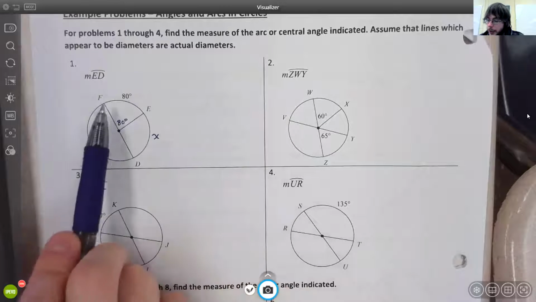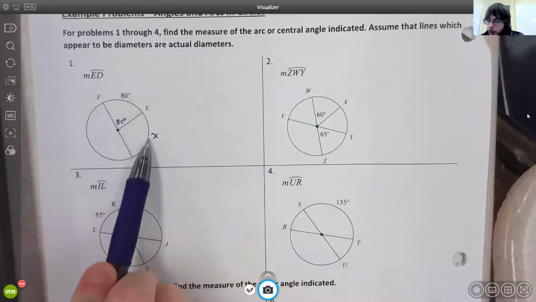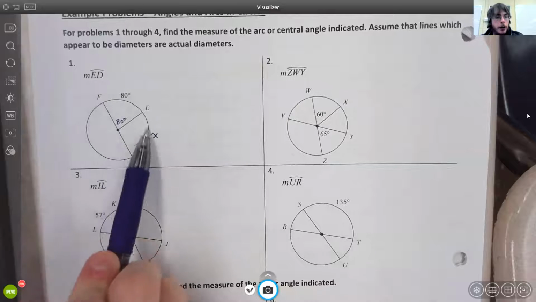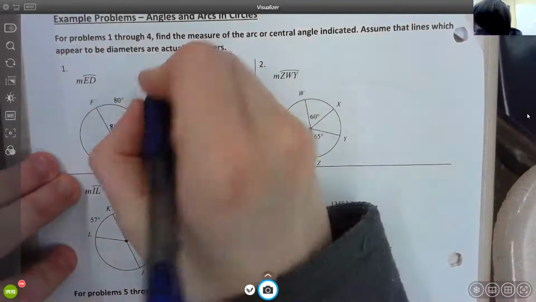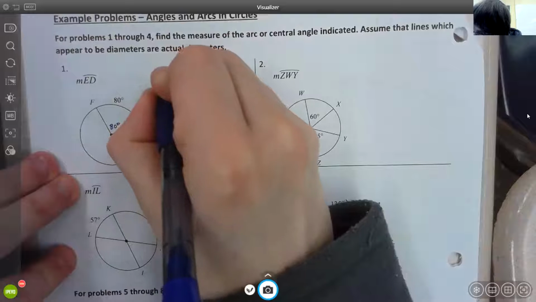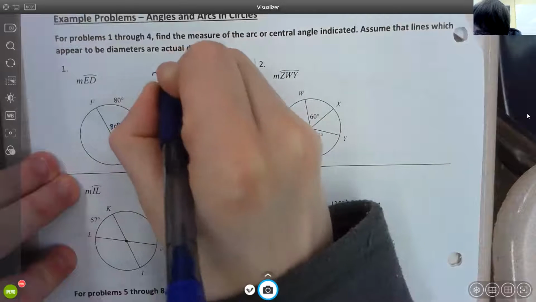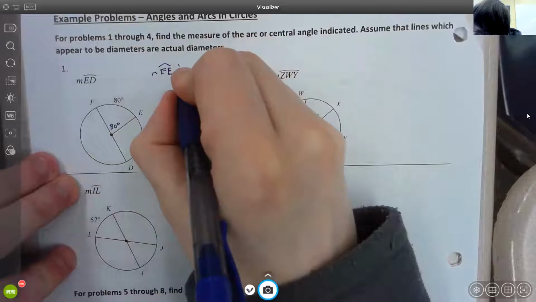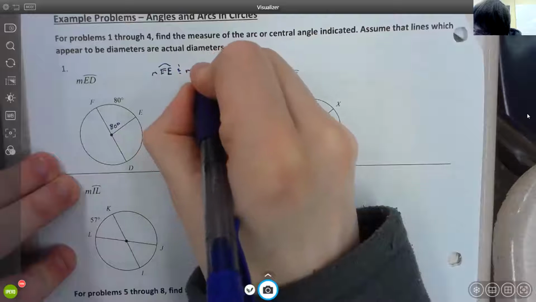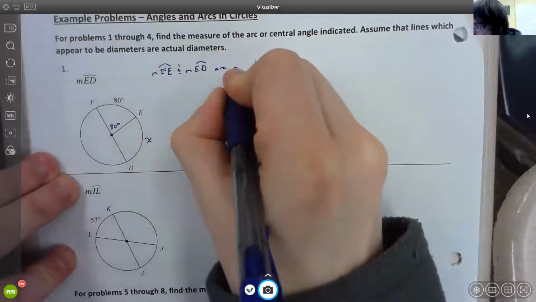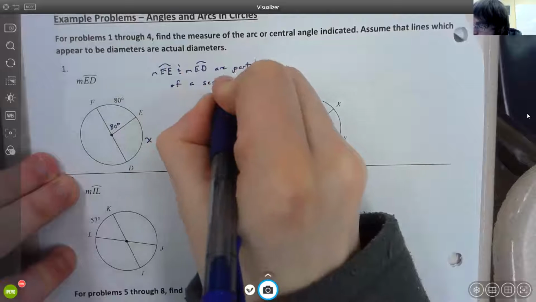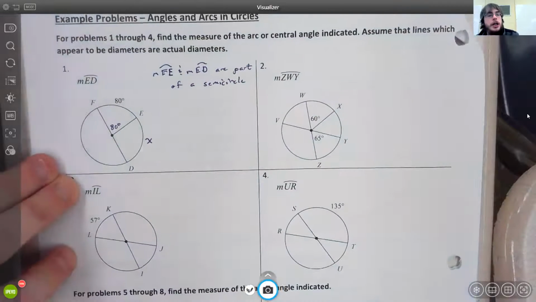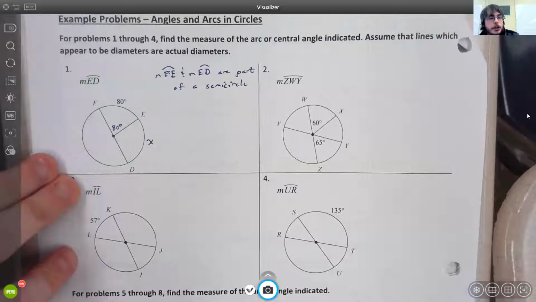So we know that this 80-degree arc and this arc we want to find are both part of a semicircle, right? So arc FE and arc ED are part of a semicircle. Well, a semicircle measures 180 degrees.